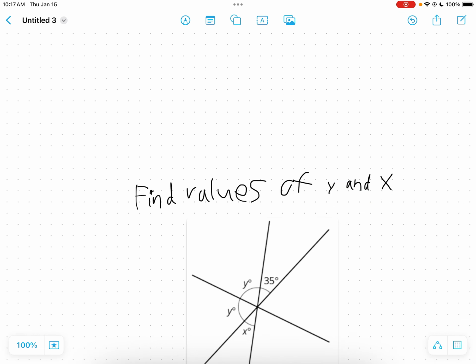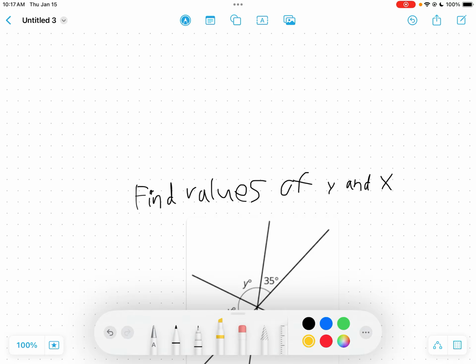And for us, we will now highlight that in yellow.